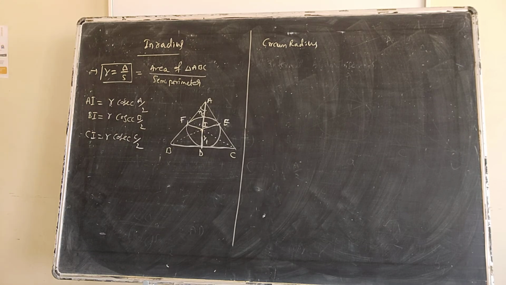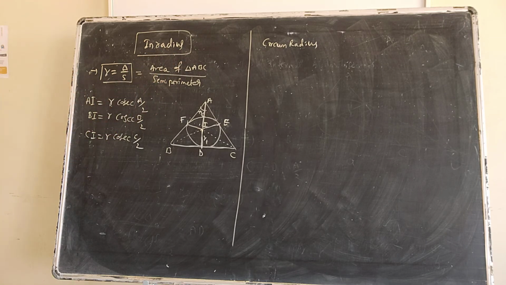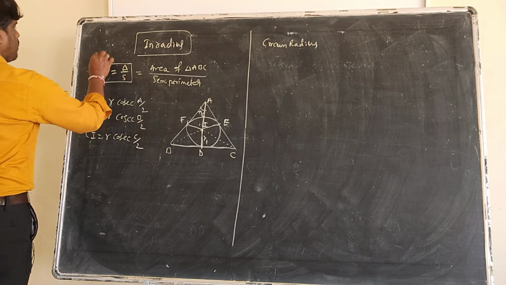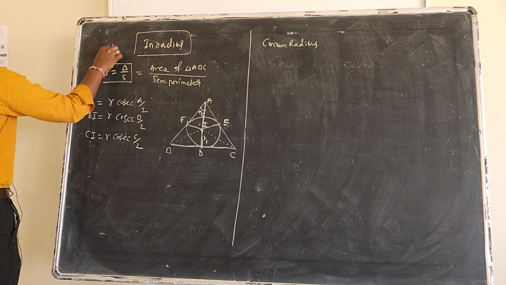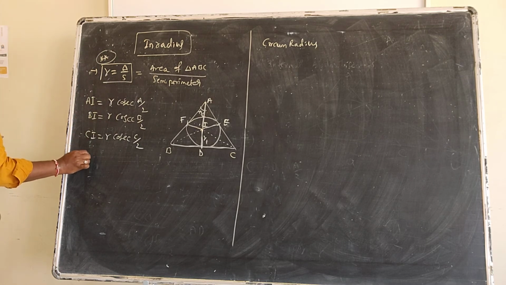To find the inradius, there are many formulas. This is the most important formula we generally use for JEE Mains, but there are still four to five more formulas to find the inradius. According to the question, we can choose which one to use.